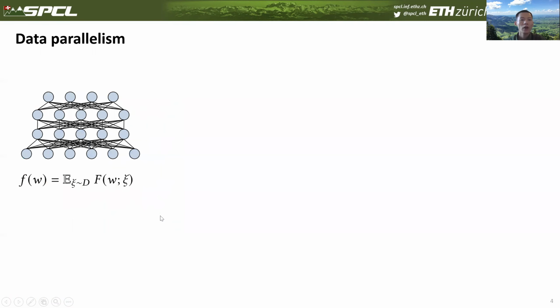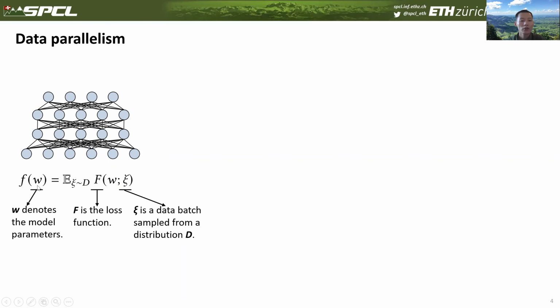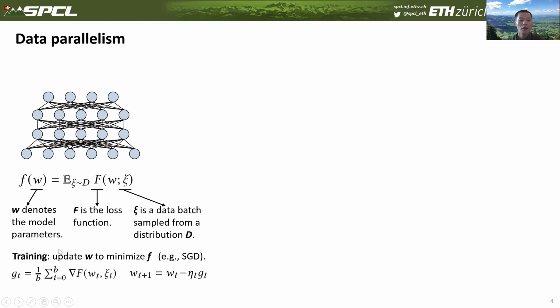Now let's look at where the Allreduce comes from for data parallelism. Here is a simple neural network model and an objective function f, in which W denotes the model parameters and the capital F is the loss function, and C is the data batch sampled from the training dataset. So the training process is essentially to update the model parameters to minimize the loss value using the gradient.